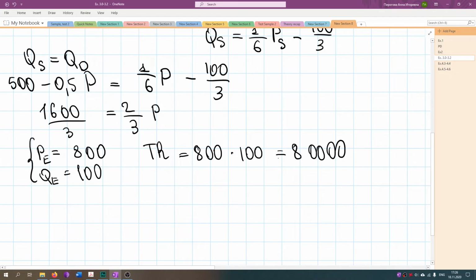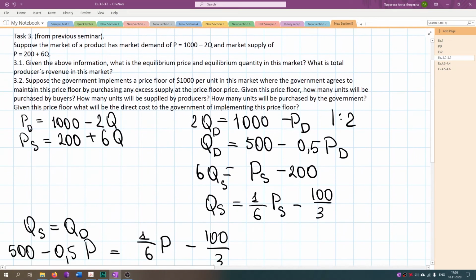So that was the answer for the first part. And now let's talk about the second part. So we see that the government implements a price floor of $1,000 per unit and agrees to maintain this price floor by purchasing any excess supply.